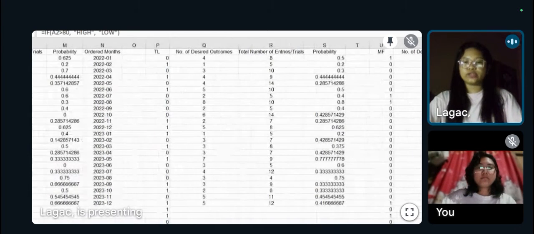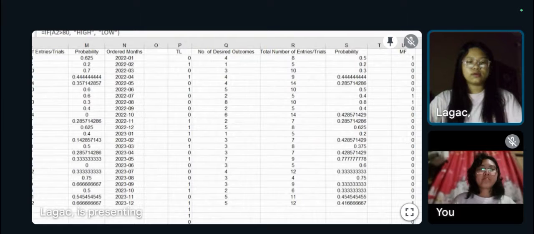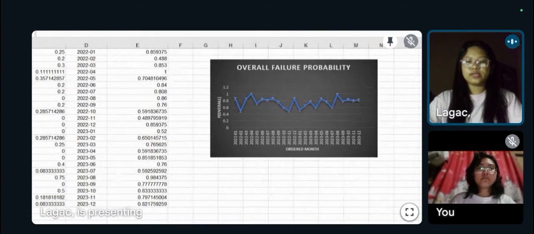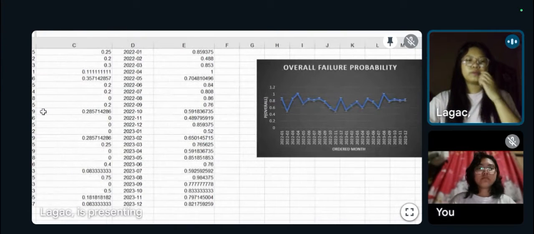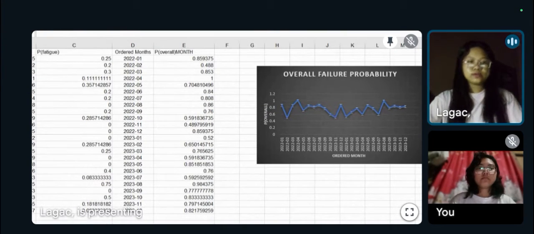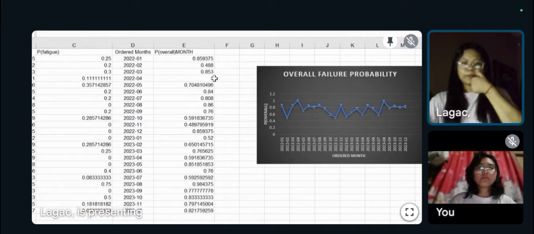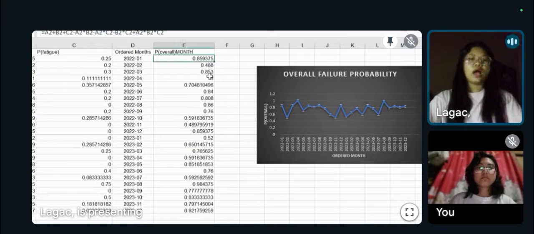So this is now our overall failure probability. We have combined the probability of environmental condition, traffic load, and material fatigue. Our formula for this uses A2, which represents environmental conditions, B2, which represents traffic load, and C2, which represents material fatigue.